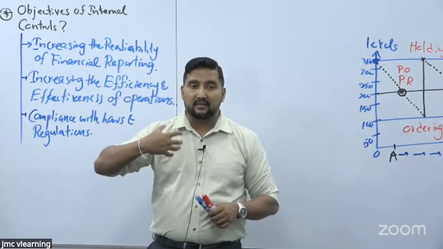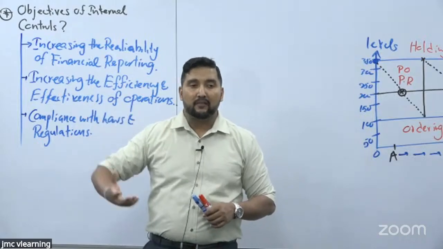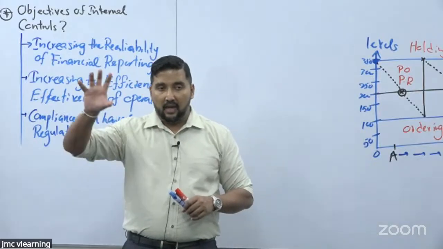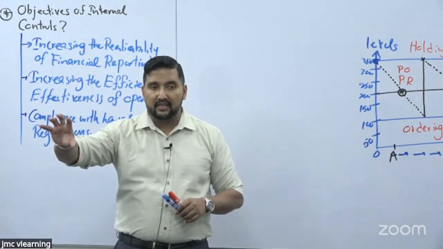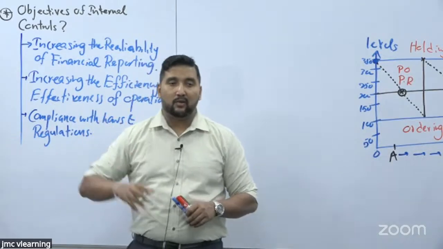In the business organization where I am working, we have a compliance officer. He will make sure that the business organization complies with what? Internal laws and regulations plus external laws and regulations as well.